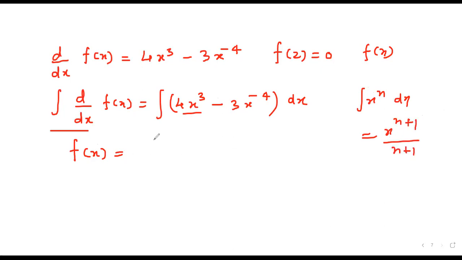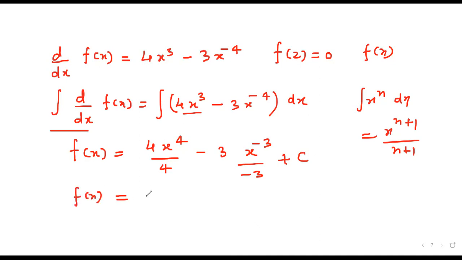So we integrate it, it becomes 4x power 4 upon 4 minus 3x power minus 4 plus 1 divided by minus 3 plus c. So 4 will cancel out, and 3 will also cancel out. So f(x) equals x power 4 plus 1 upon x cube plus c.